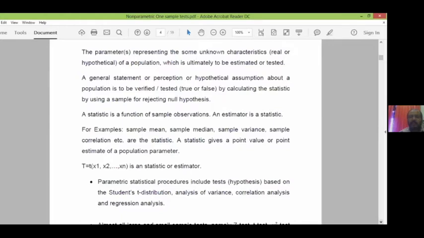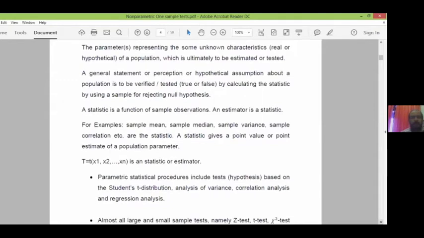Then we get a point value, a single value, that is called the point value. So a capital T, which I represent, is a function of x1, x2, ..., xn. These are my samples. So the statistic is a function of sample observations only. Those samples we are going to use to estimate the population parameter. So it is what we call a statistic or estimator.